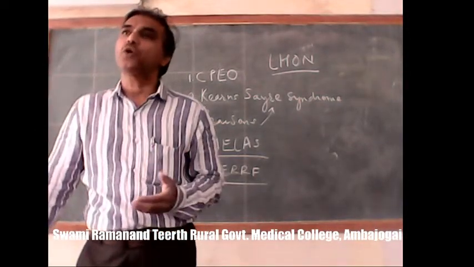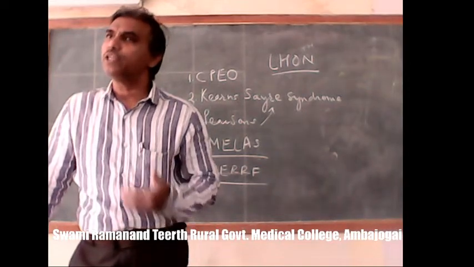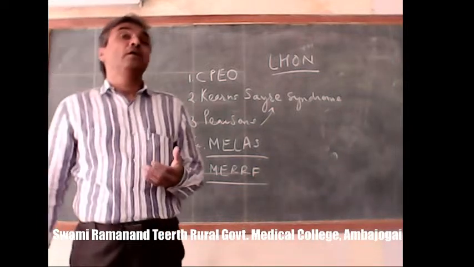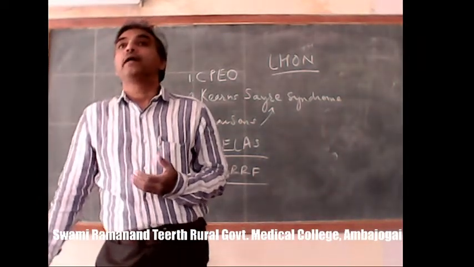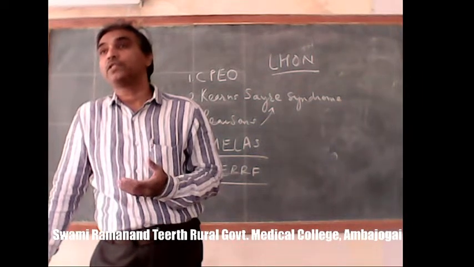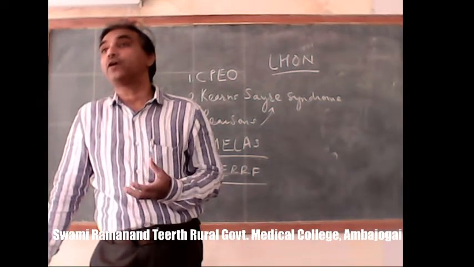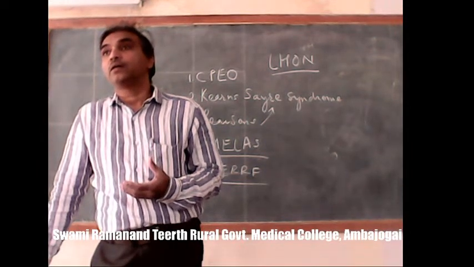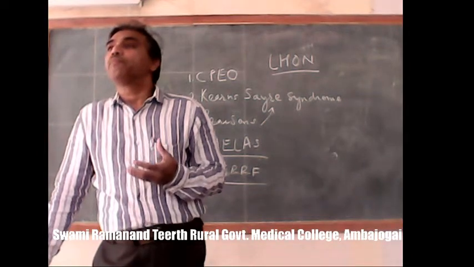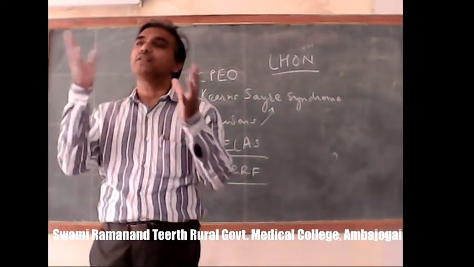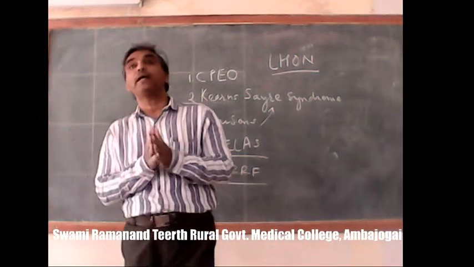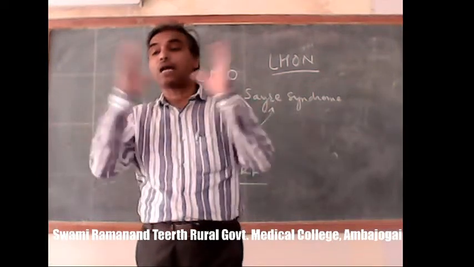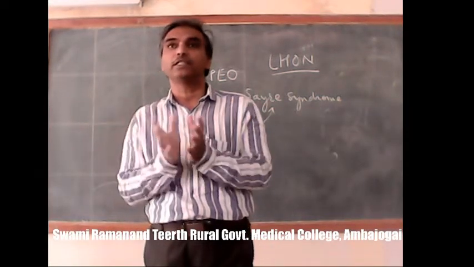Now all these disorders and many more are there, like retinitis pigmentosa. This is one of the features of mitochondrial mutations. So there is a vast repertoire of mitochondrial DNA diseases. These are collectively called OXPHOS diseases.